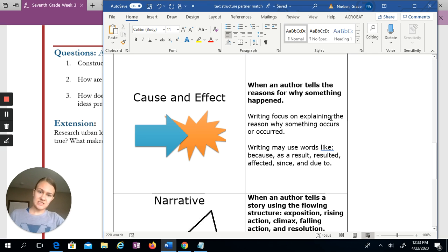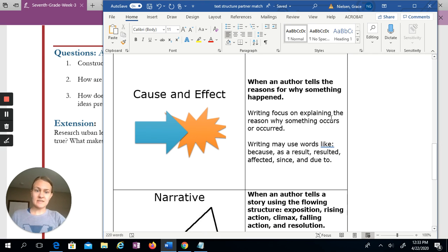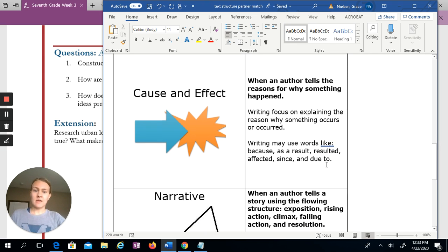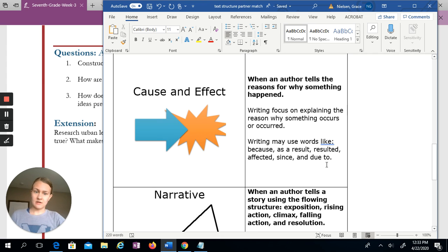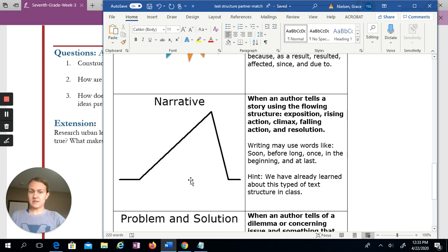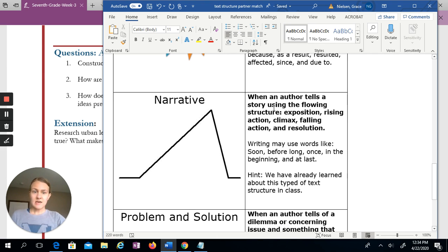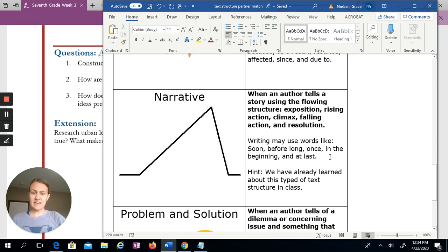Writing is explaining the reasons why something occurs or occurred. Writing may use words like because, as a result, resulted, affected, since, due to. Narrative: the author tells a story using the structure exposition, rising action, climax, falling action, resolution. Writing may use words like before, along, in the beginning, and last.